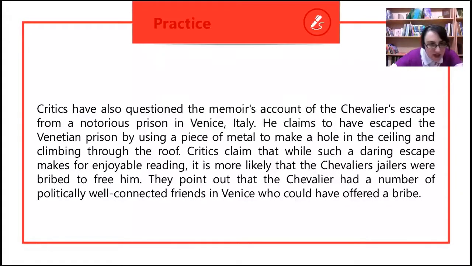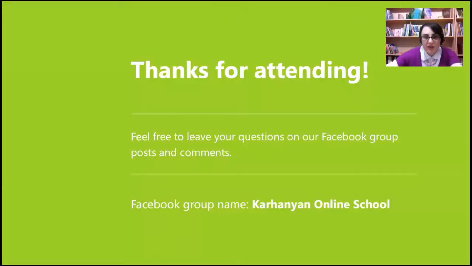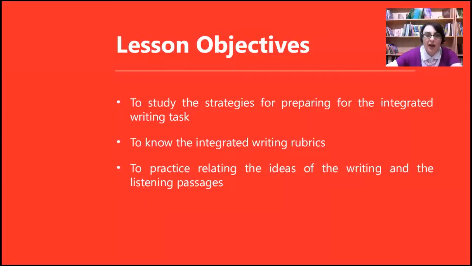Critics suggest that Chevalier didn't escape from the jail but paid a bribe to get free. Yes, you're right, thank you. So I hope that you now understand how you must cover the information, and how you must understand and emphasize the main point of the paragraph.